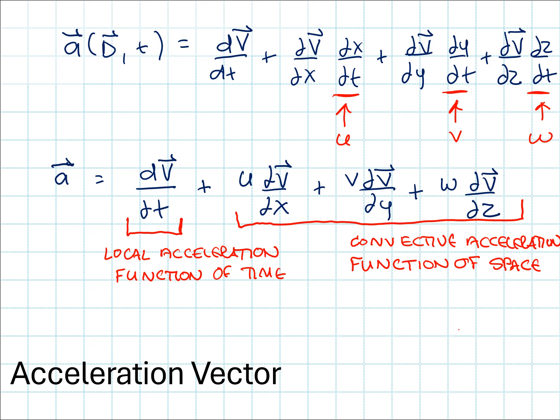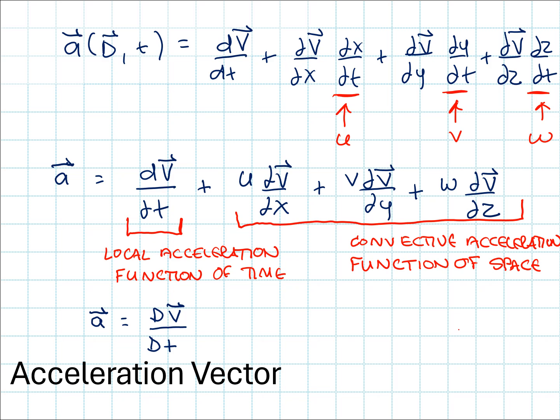So just a little bit of notation that you may see to represent all of the work that we have done here. Instead of having to write this out every single time, sometimes you'll see it written that acceleration is the material derivative, capital D/Dt, of our velocity vector.